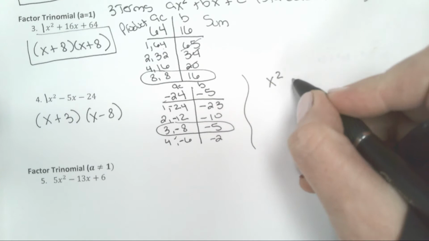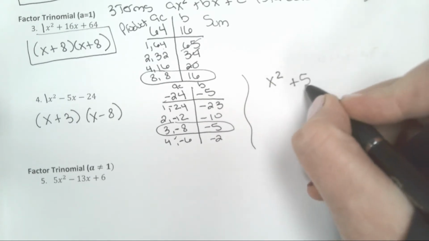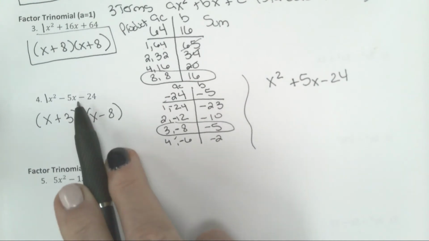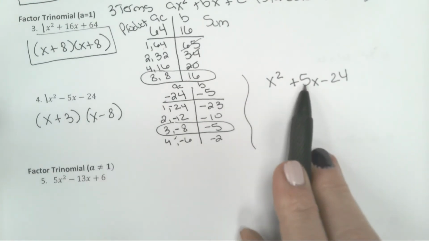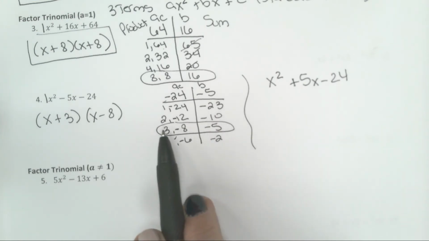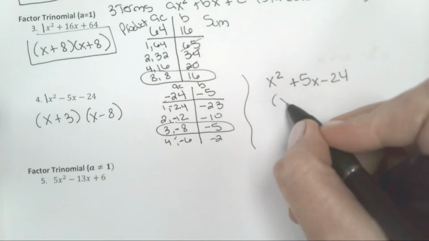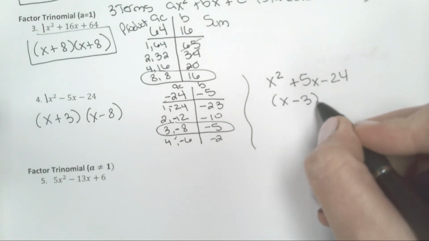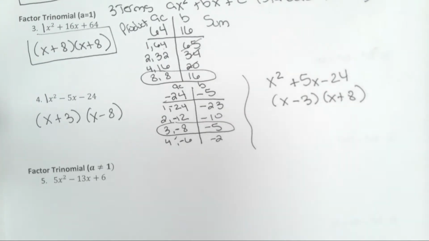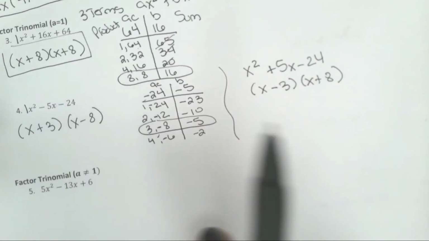So you have to be careful when you have a negative right here. Because if you have x squared plus 5x minus 24, if I change that term to a plus 5, then that means that my negative is going to have to go on the smaller number. So this one would actually factor as x minus 3 and x plus 8.